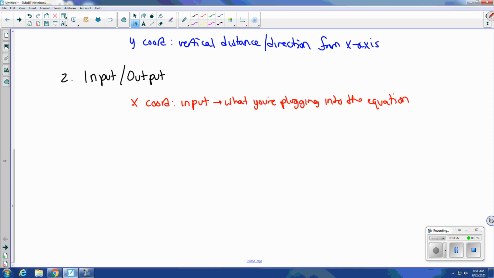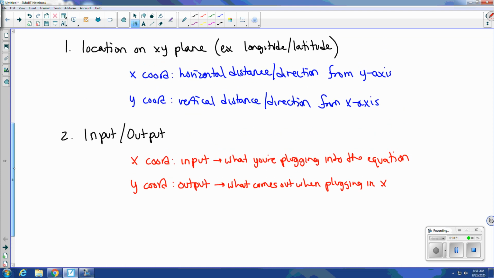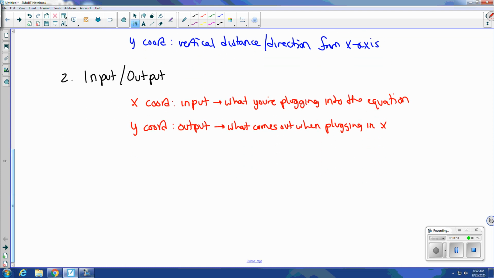The y-coordinate will represent the output. So what that's revealing to you is what comes out when plugging in x. So two perspectives. You can think of it as a location, or at a specific point, it gives you the input and output at that point.